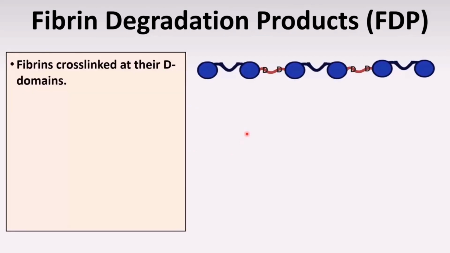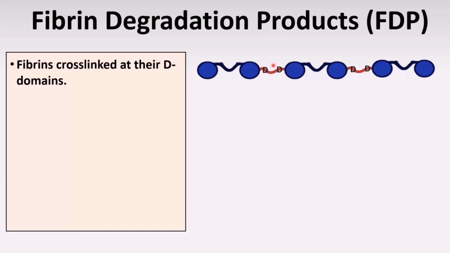So what are fibrin degradation products? If you look at your fibrin strands, and if we zoom into the fibrin monomers, you realize that the fibrin monomers are actually connected or cross-linked to each other through a particular part of the fibrin monomers called the D domain. Each fibrin monomer has D domains that are connected to each other.